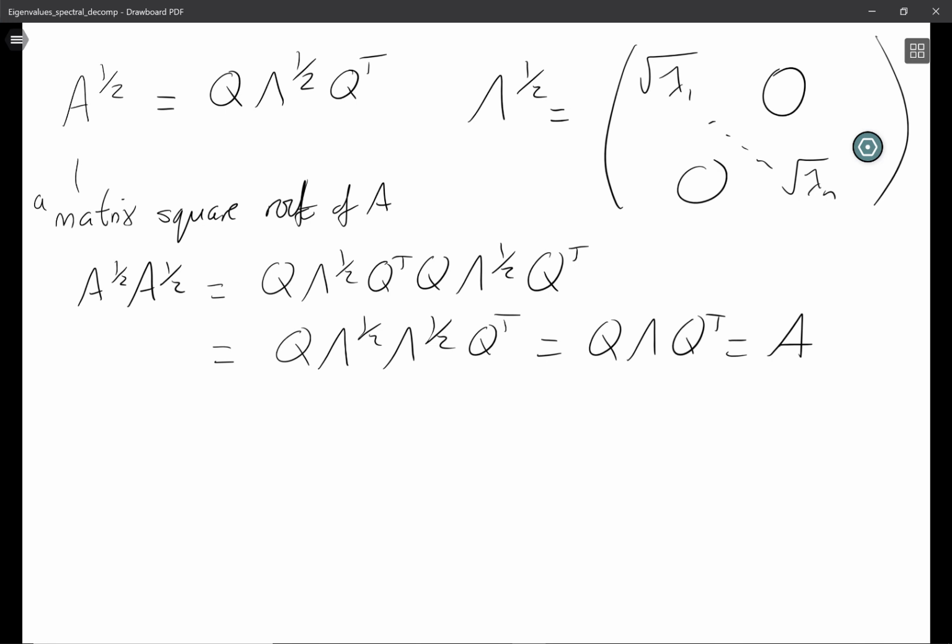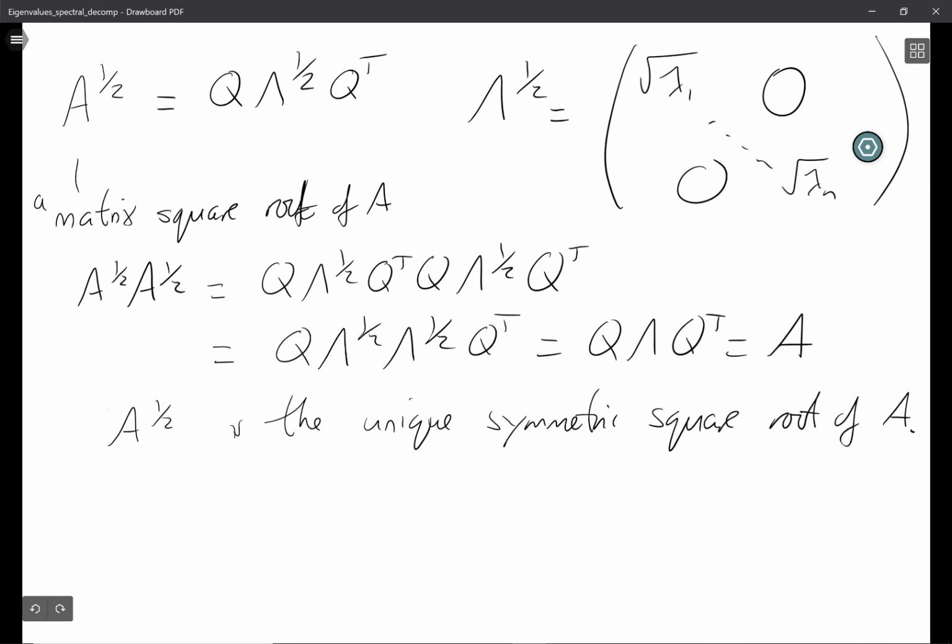So let's say A to the half is the only symmetric square root of A. Sorry, the square root's not unique, but it is the only symmetric square root.